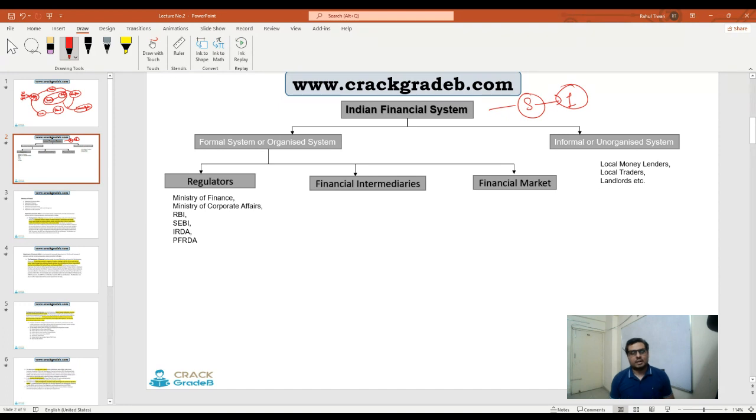Because policies are made for the formal system and they are not applicable or working in the informal system. The informal system is a big chunk of the Indian economy. So whenever we look for the problems in the implementation of policies and schemes, we can always highlight the presence of the informal system at a larger scale.